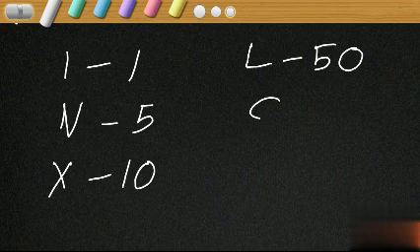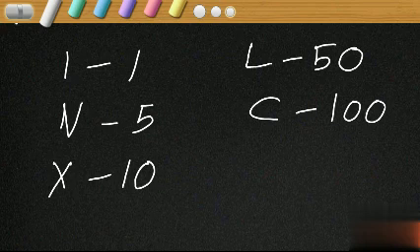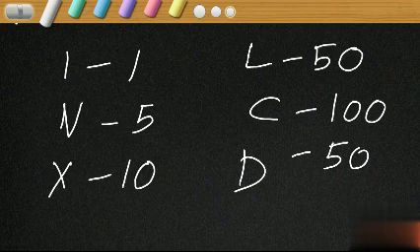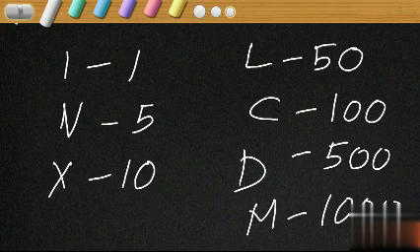Next we have the letter C. C is equal to 100 in our Indo-Arabic numerals. Next we have D, sorry. D corresponds to 500. And finally we have our M. M is equal to 1000 in our Indian number system or Indo-Arabic numerals.